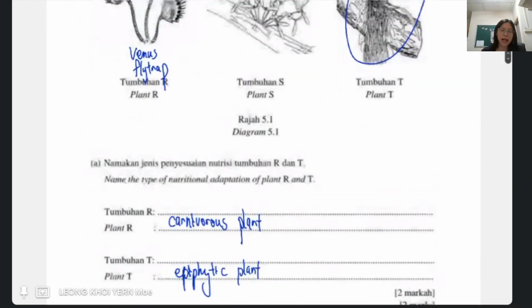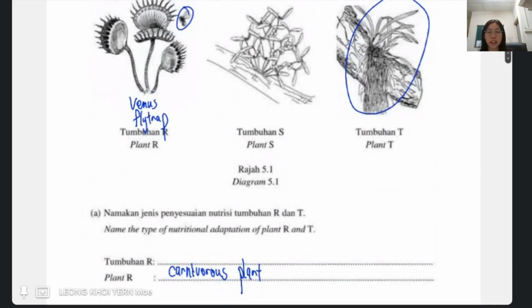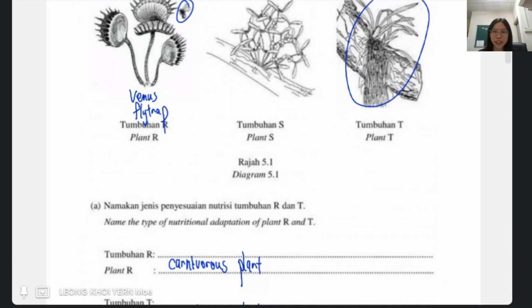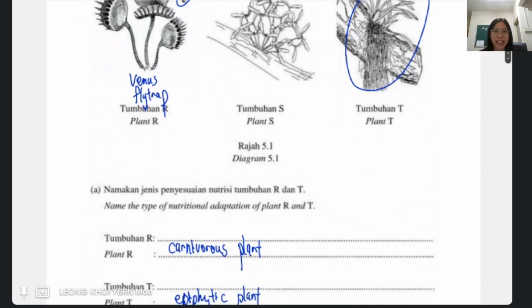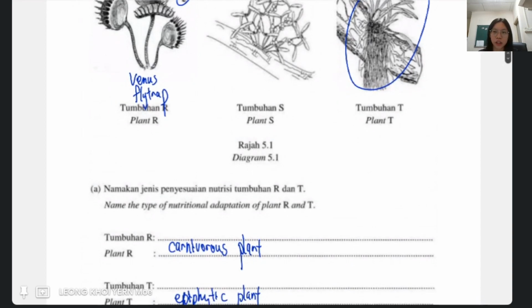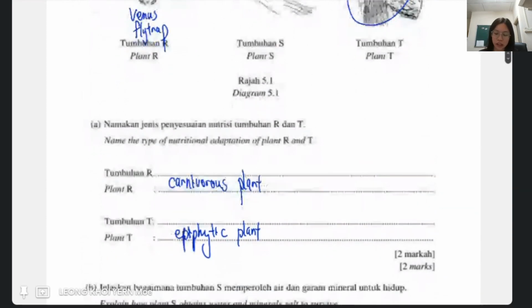But I understand we actually didn't learn this example of parasitic plant because we only know the rafflesia. So for this one, I hope you can guess lah because you actually didn't really learn about it.